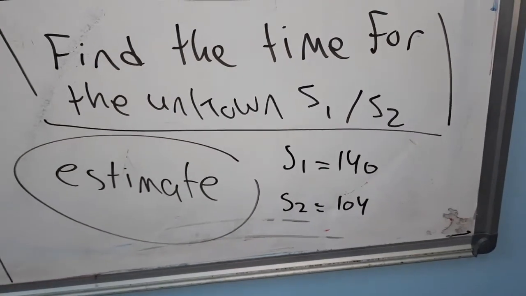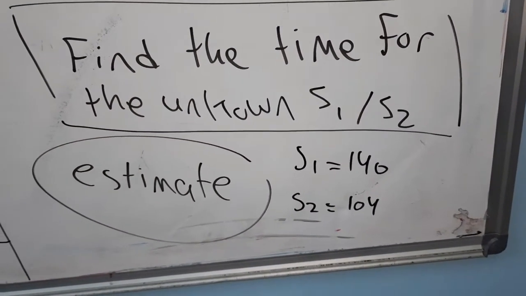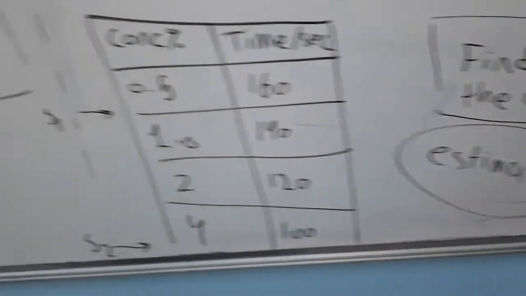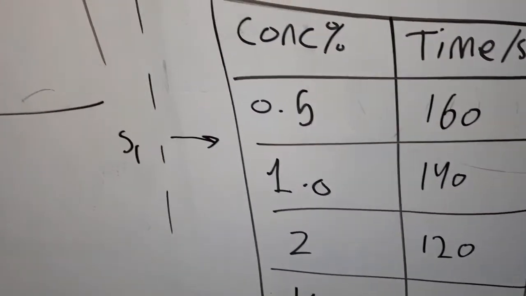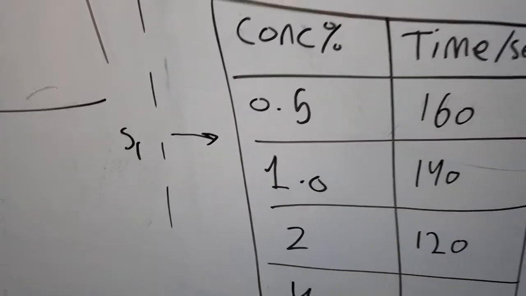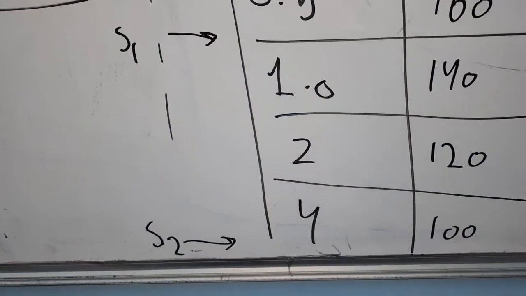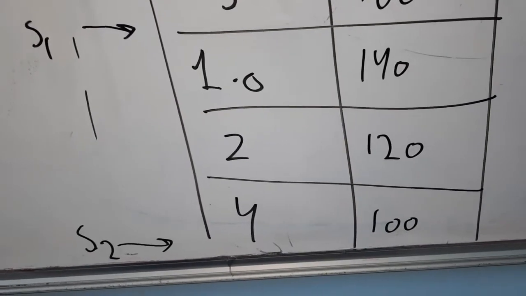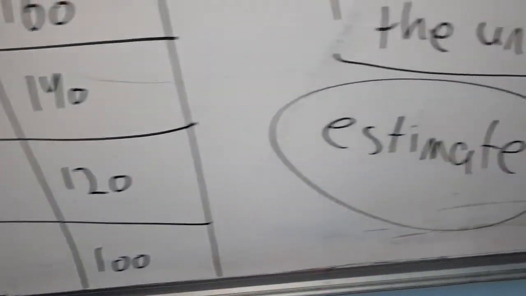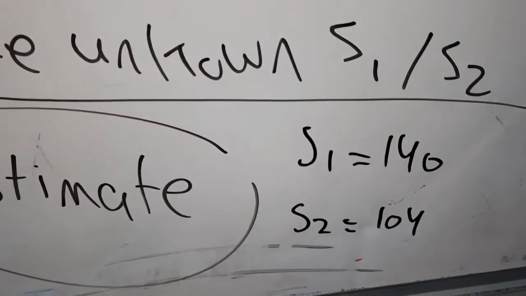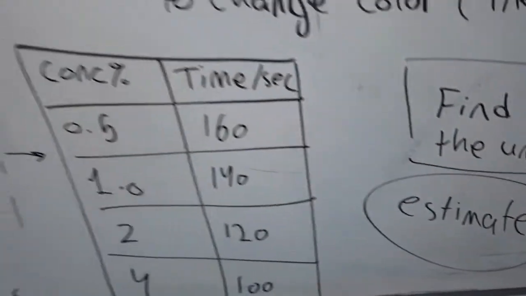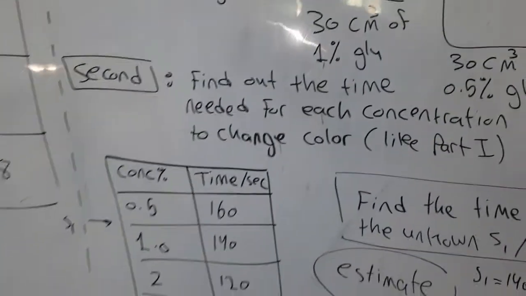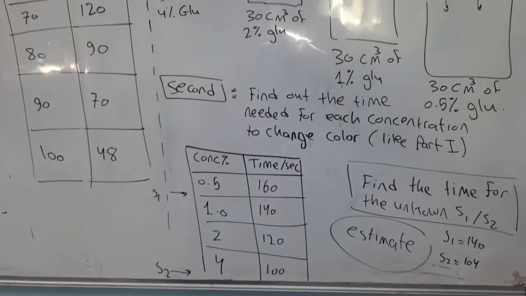If you estimate the glucose concentration, S1 is going to be somewhere between 0.5 and 1, because it took 140 seconds. And S2 is going to be somewhat above the 4, because it took 104. Those were one of the students' results at temperature 80.